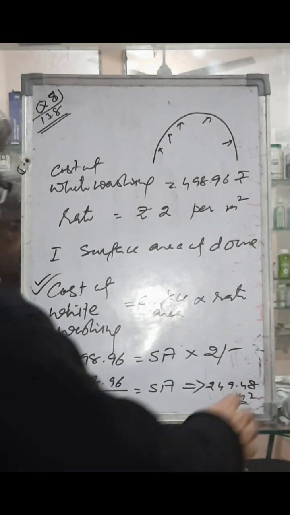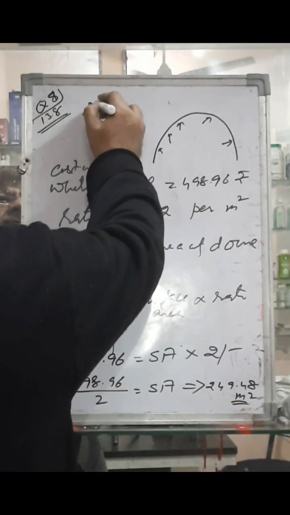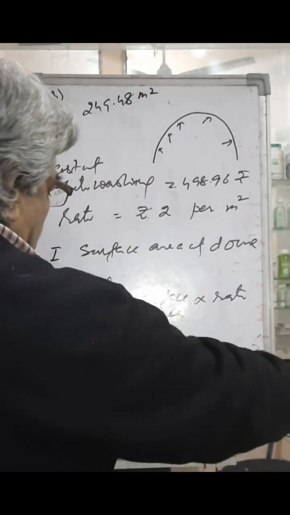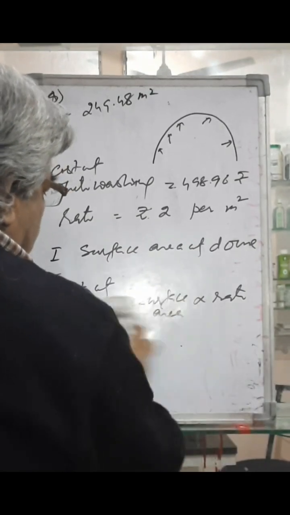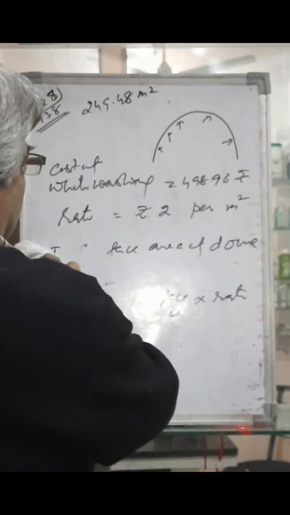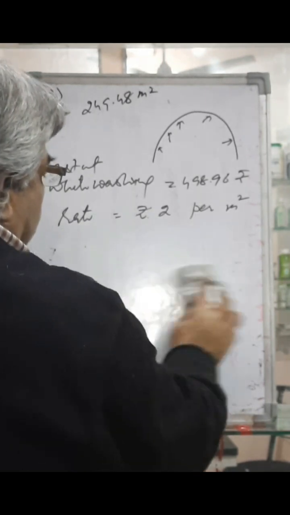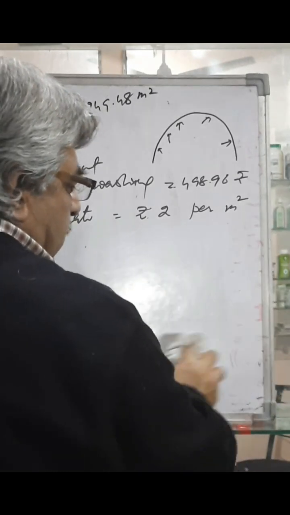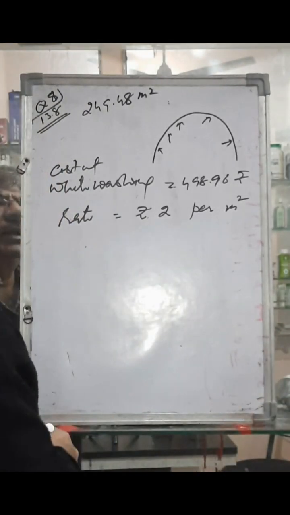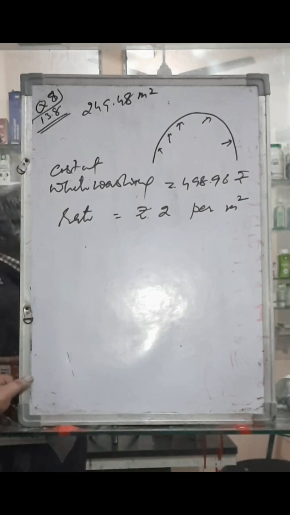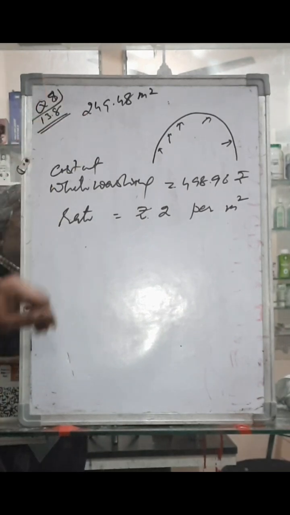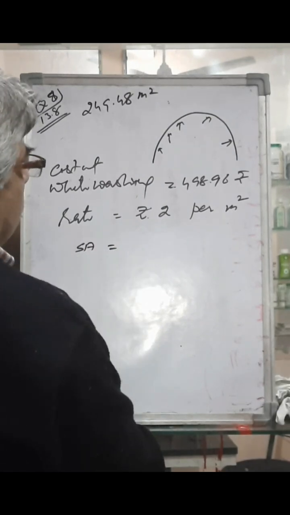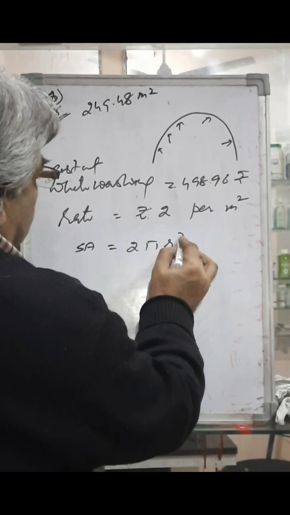Now, the second part is we have to find the volume of air inside the dome. It means we have to find the volume of the hemisphere. For which we need radius of the dome. Radius we calculate using the surface area. Surface area of dome hemisphere is equal to 2 pi r square.